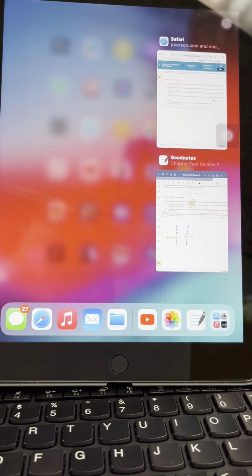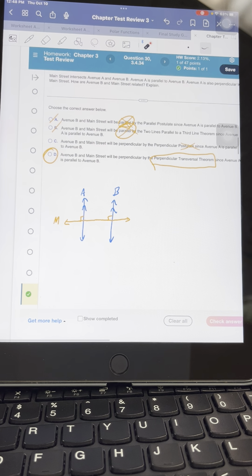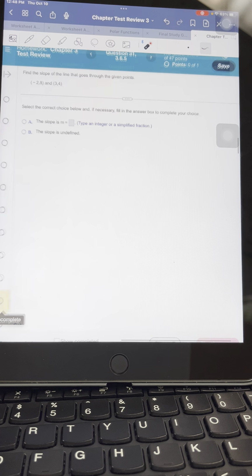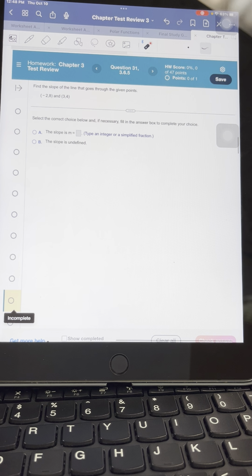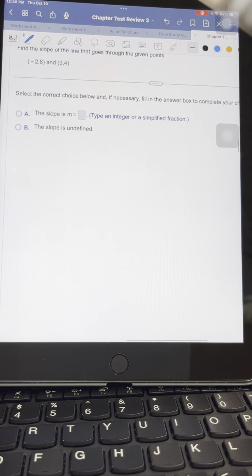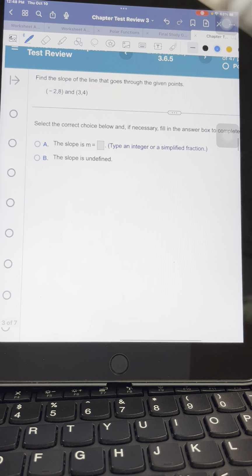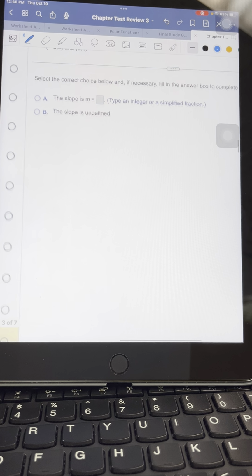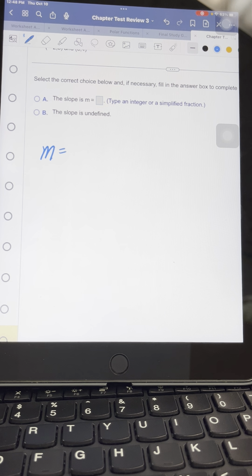So now I'm going to try to stick to this page, because I don't need that page to give me the answer. So 31. Find the slope of the line that goes through the given points. Okay, guys, you have to know this. What is slope? Slope is m equals y2 minus y1 over x2 minus x1.